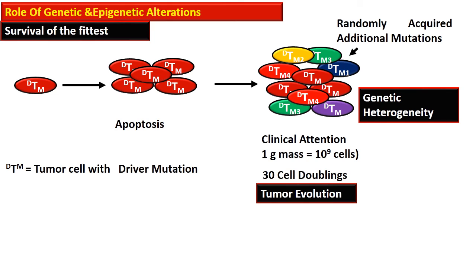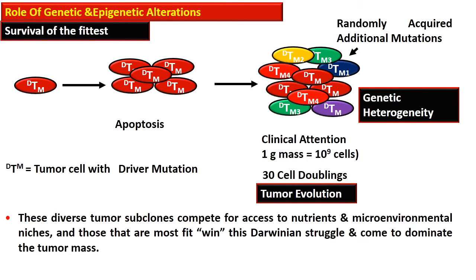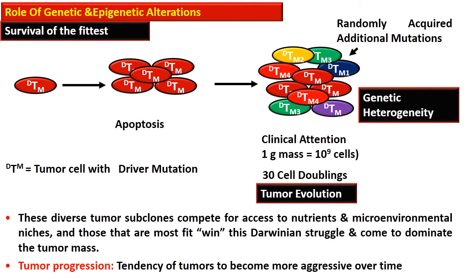So this is how the tumor evolves, and these diverse clones of the tumor compete for access to the nutrients and microenvironmental niche, and those clones or subsets that are the fittest win this struggle and come to dominate the tumor mass. Tumor progression is the tendency of the tumor to become more aggressive over time.